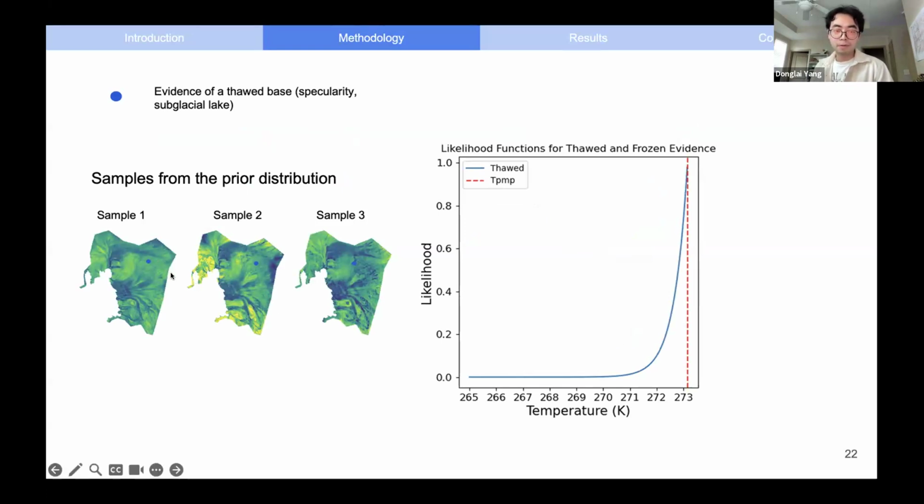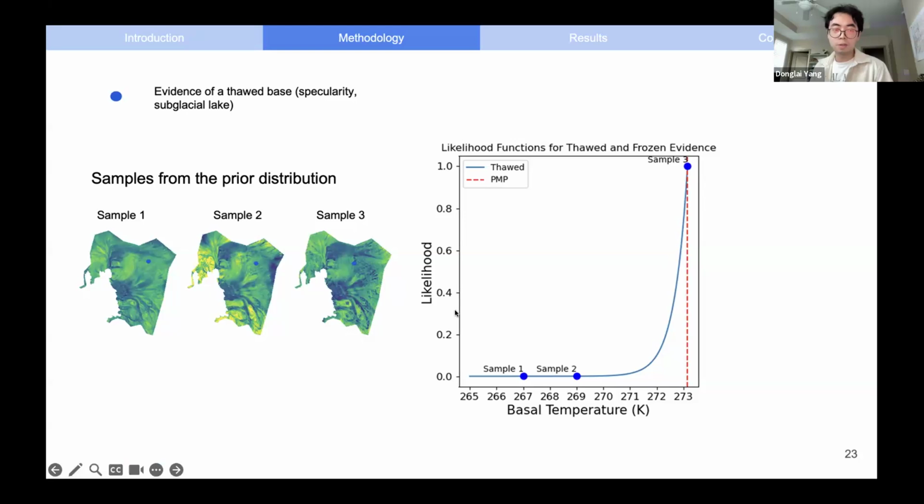And these three samples should be mapped into some functions that acknowledge those physical constraints, right? If sample 3 is saying, well, my temperature is at melting point, that's good. The likelihood should be 1. And other samples that say it's not at melting point should be penalized.